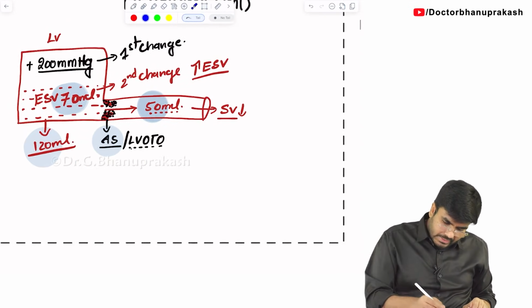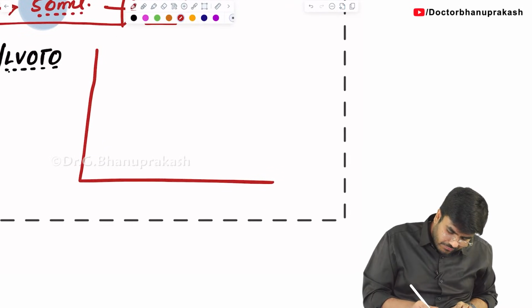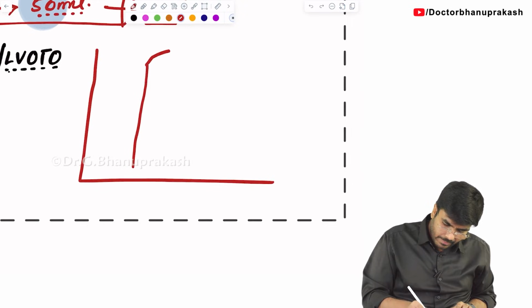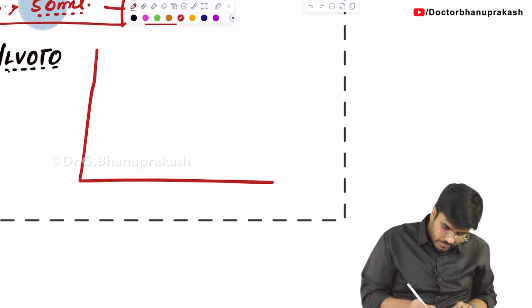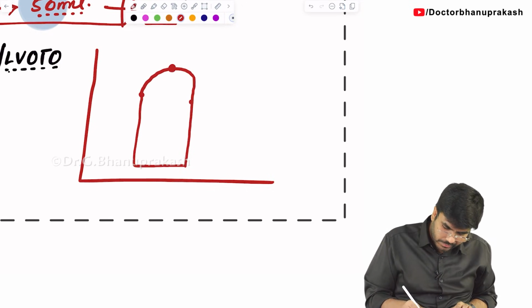Now let's say this is the normal person. This is the left ventricular pressure volume loop of a normal person. Let's say this is the normal left ventricular pressure volume loop, like this.